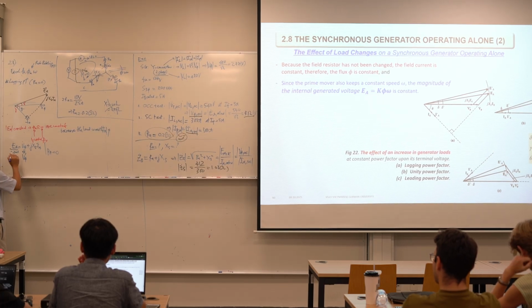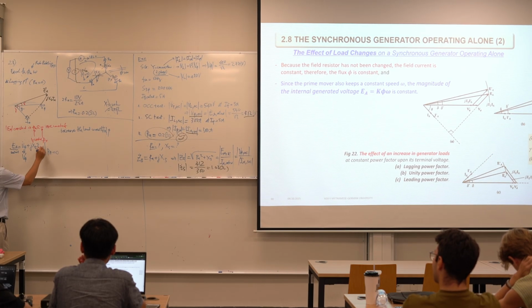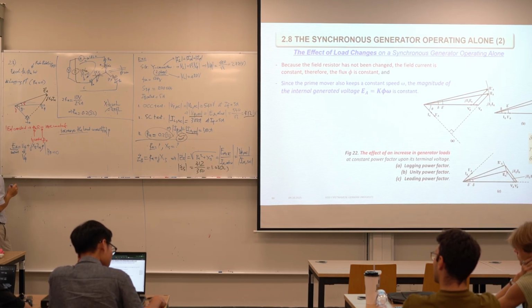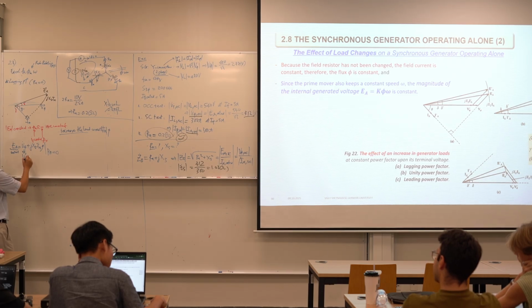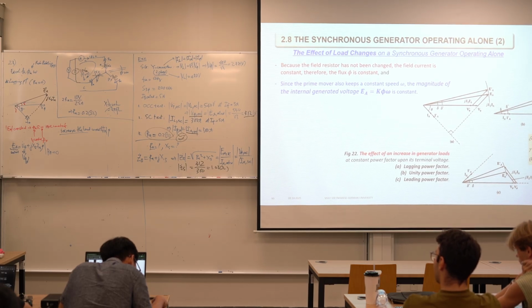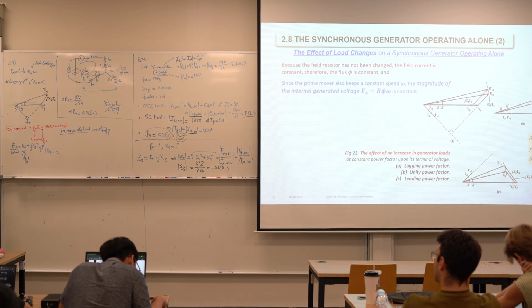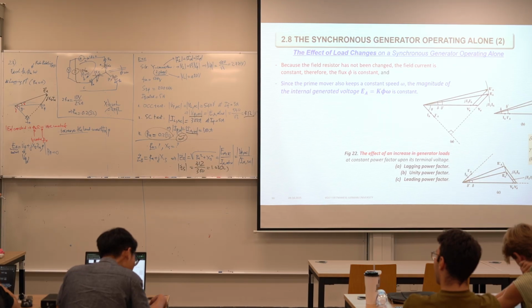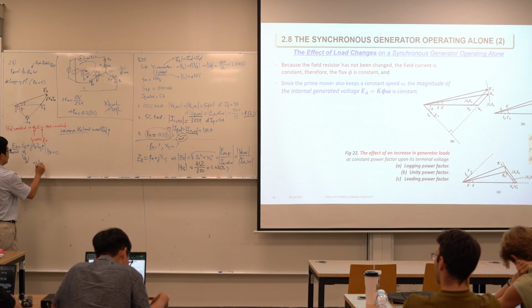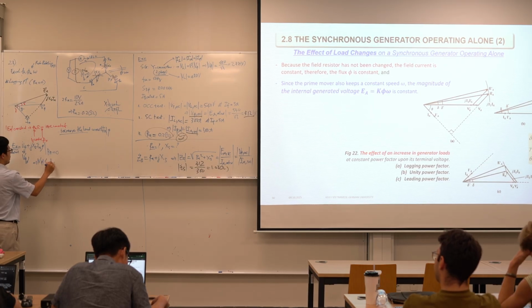EA is constant. And IA is increased because we increase load. Do you repeat me? Because EA is constant. So we conclude that V phase over common is less than V phase.